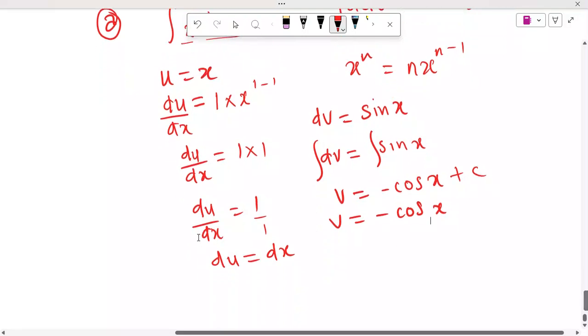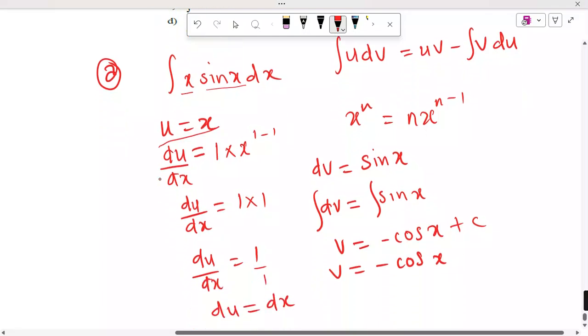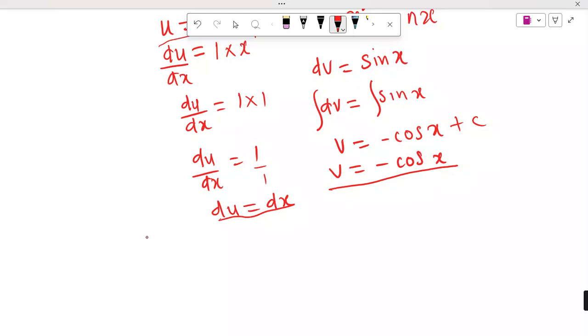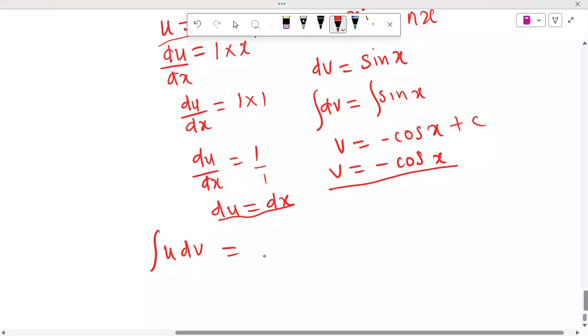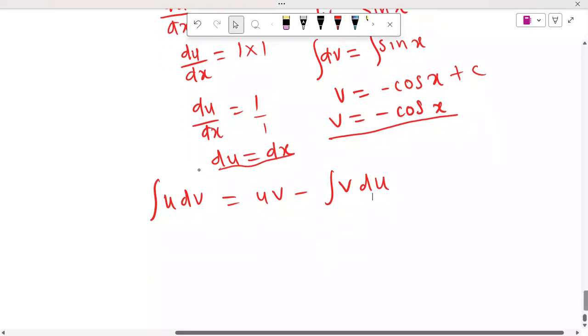So we have our u, which is this one. We have our v, which we have calculated after integrating the dv part, and we also have our du here. So now let's apply the formula. The formula is integral u dv equals uv minus integral v du. Okay, so what is u here?